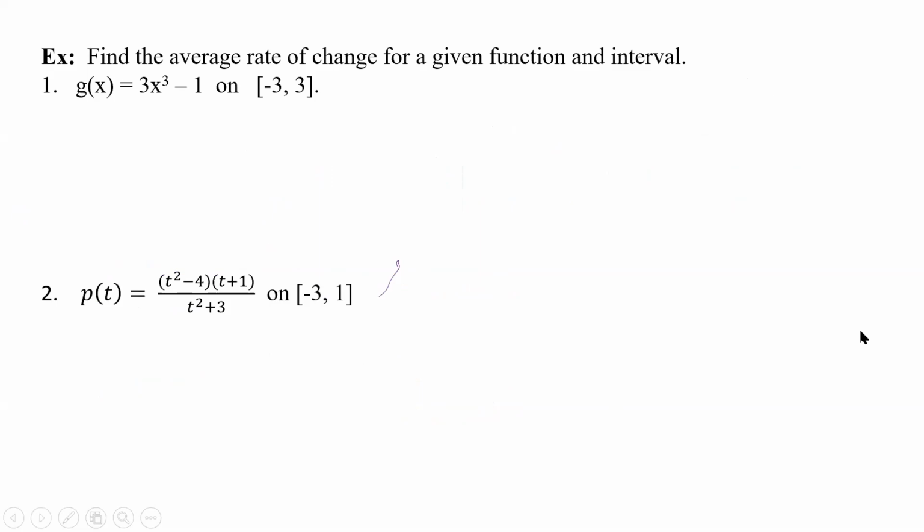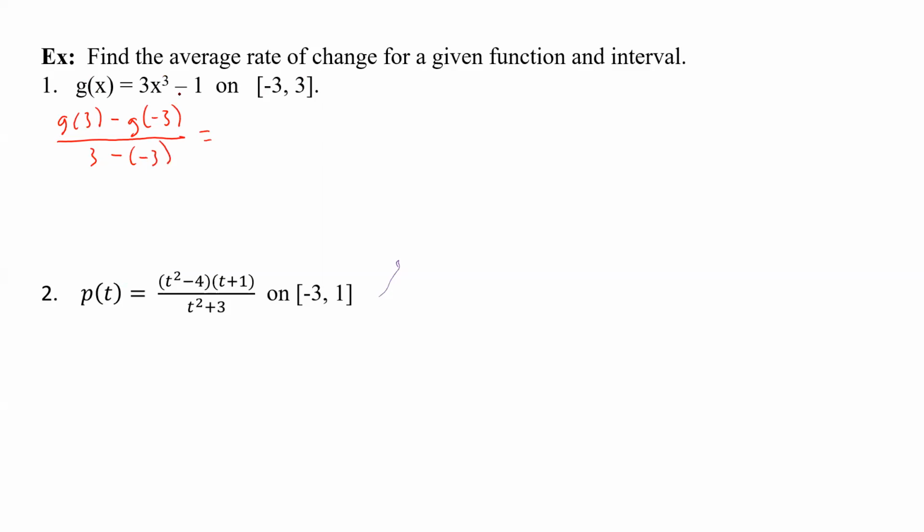Okay, now we're back to ones where we actually have to plug in values again and find the rate of change over a given interval for that function. And so here we have g, and so what we're going to do is take g of 3 minus g of negative 3, divided by 3 minus a negative 3.